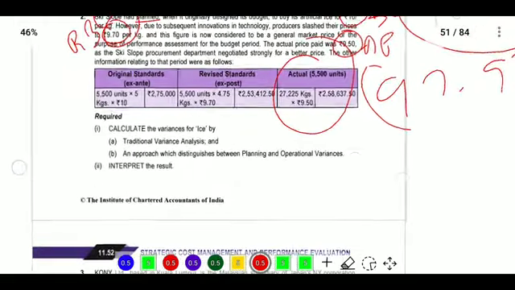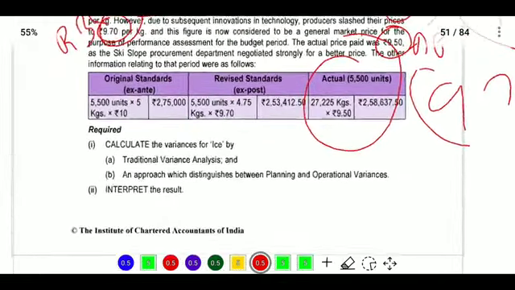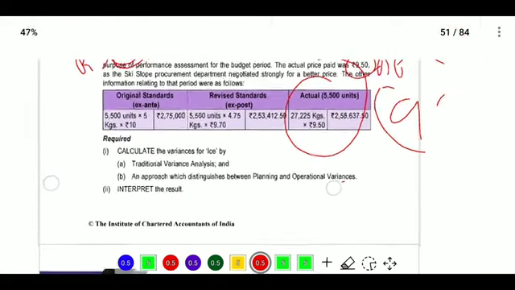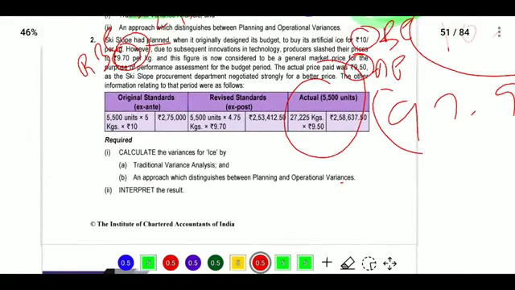Next, they provided the quantity. The original will be 5,500 units into 5, that is 27,500. Next, 5,500 into 4.75, so it will become 26,125.